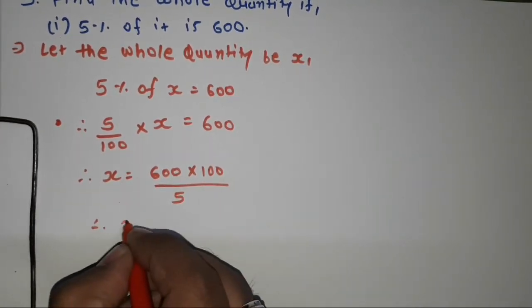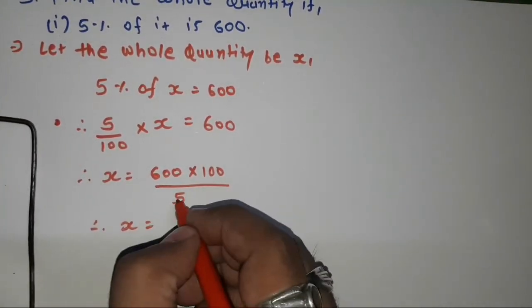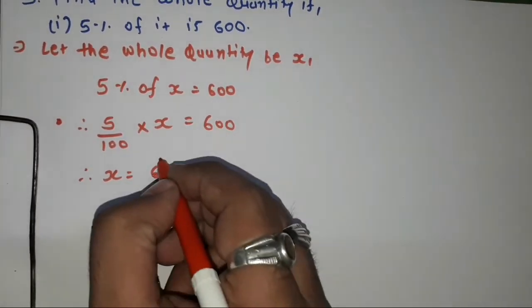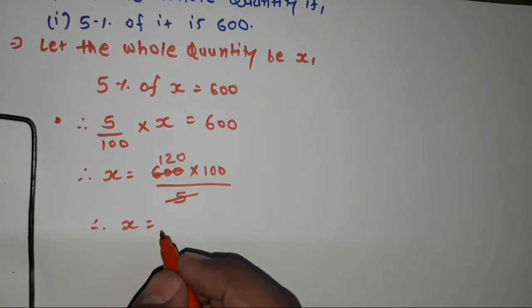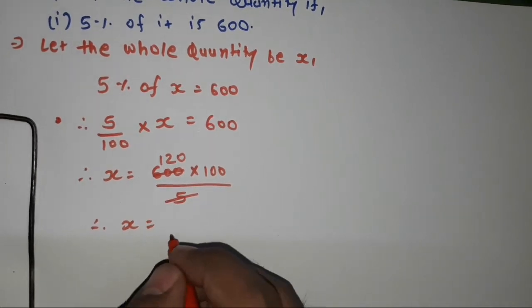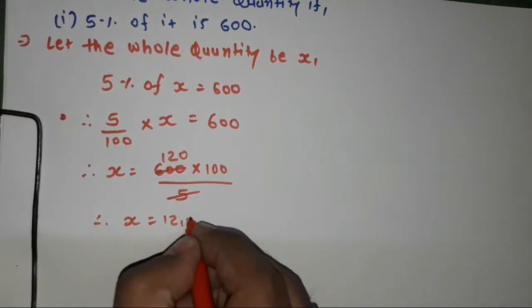So x is equal to, we all know 5 twelves are 60, so here it will be 120. 120 multiplied by 100 is 12,000.